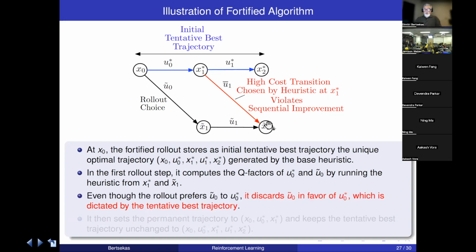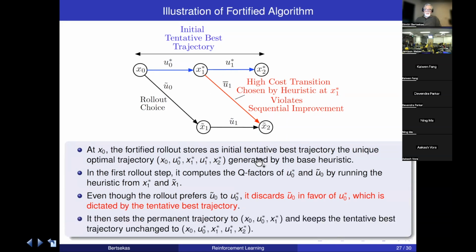And even though the rollout prefers U tilde 0 over U0 star, the fortified algorithm discards U tilde 0 in favor of U0 star, which is dictated by the tentative best. Then it sets the permanent trajectory to this and continues and finds the optimal solution.